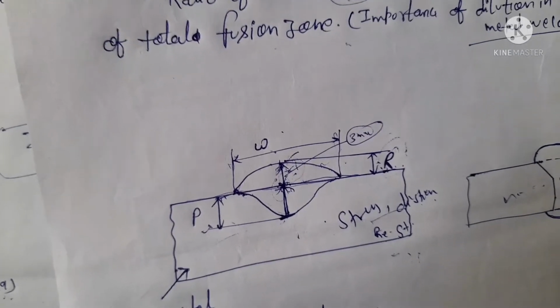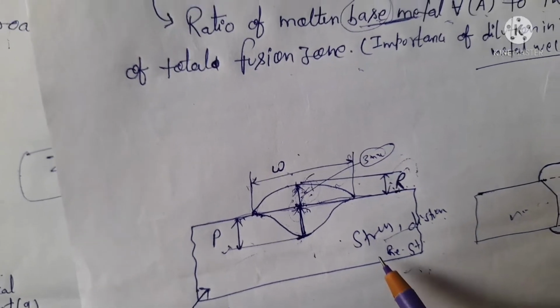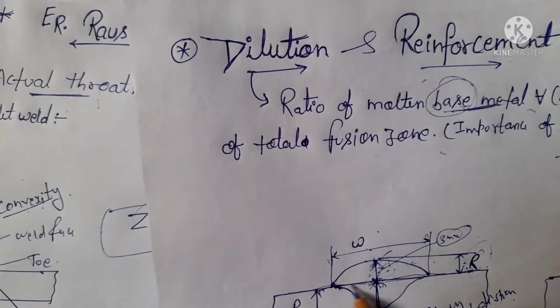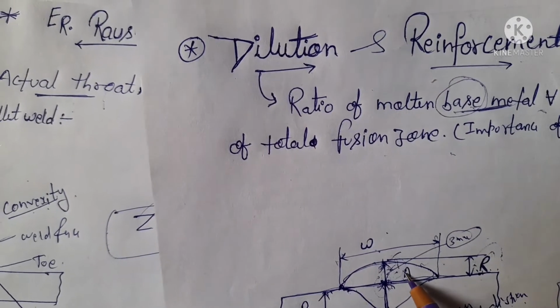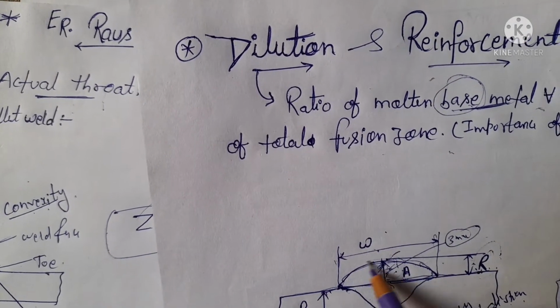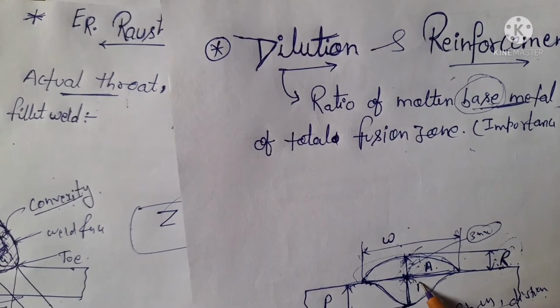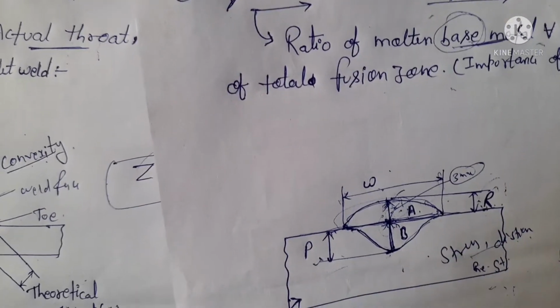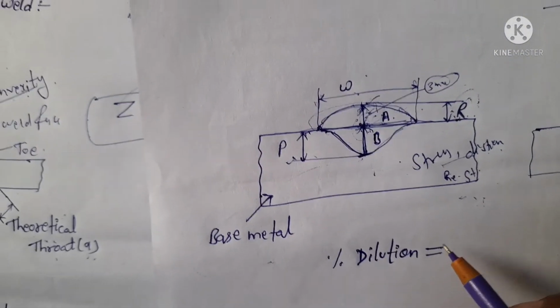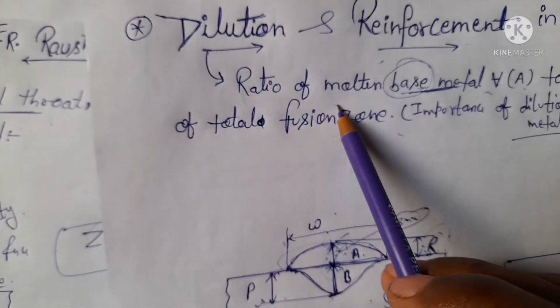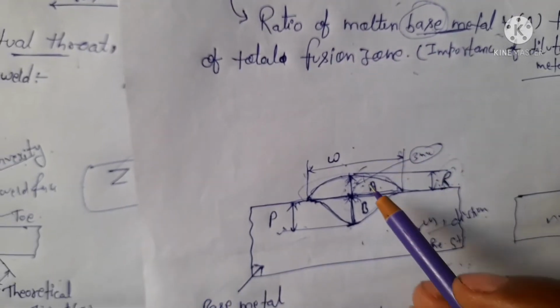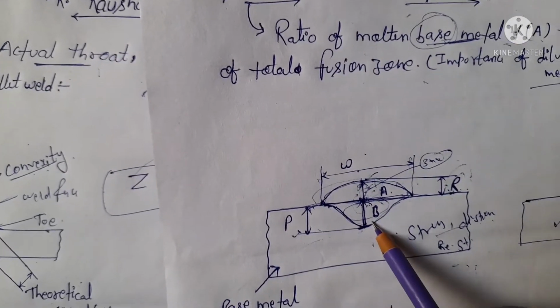We calculate dilution as a percentage. Suppose this area is denoted by A and this area is denoted by B. So what is the percentage dilution? Percentage dilution is the molten base metal. This B portion is the base metal.